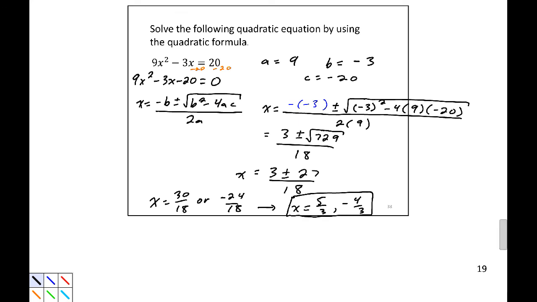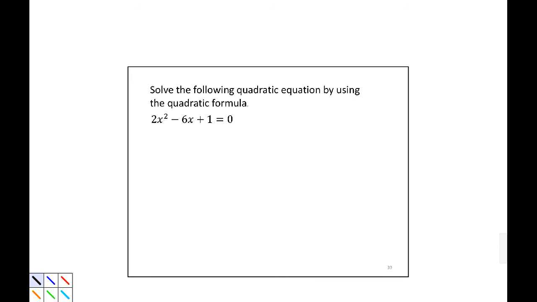Now, for our next example, we first note this is already equals 0. We have a quadratic expression equals 0. So we can go ahead and identify that a is 2, b is negative 6, and c is 1.